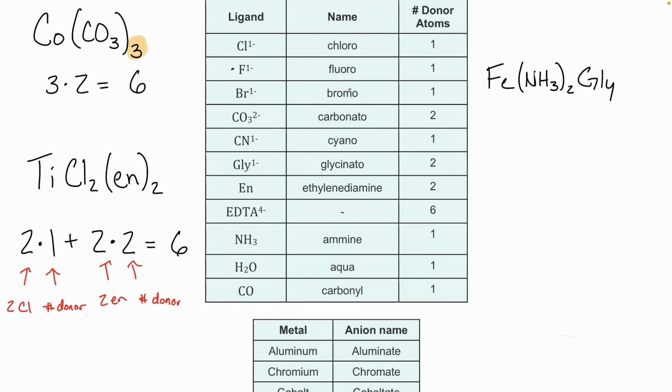Who thinks it's 3? Raise your hand. Who thinks it's 4? Raise your hand. All right, cool. We got the name of the game here, right? So I have 2 ammonias. Each one has 1 donor site. I have 1 glycine. Each one has 2 donor sites. So that's a coordination number of 4.